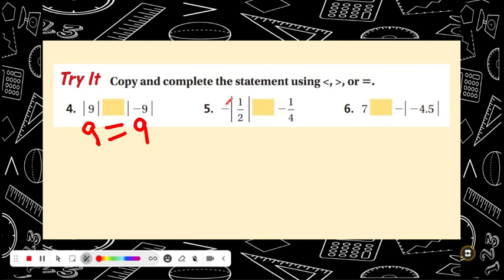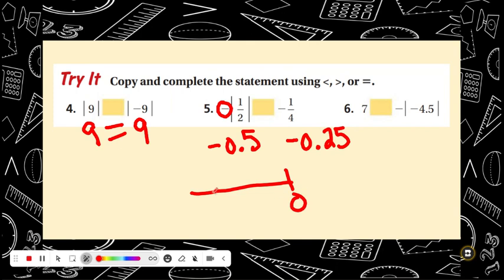Here we have a negative on the outside of the absolute value symbol. So -1/2, where we know 1/2 is 0 5/10, or -1/4, which we know is -0.25. So think of a number line.